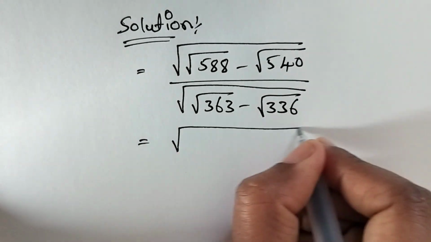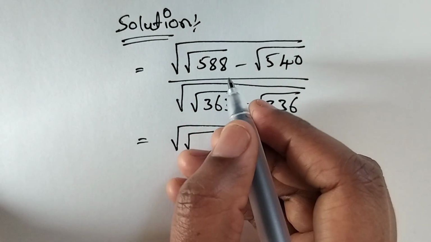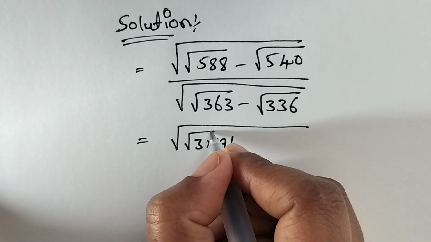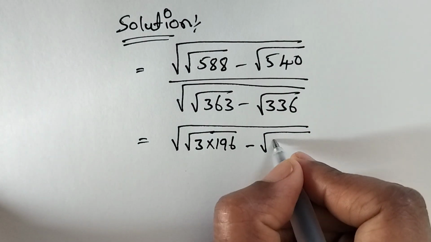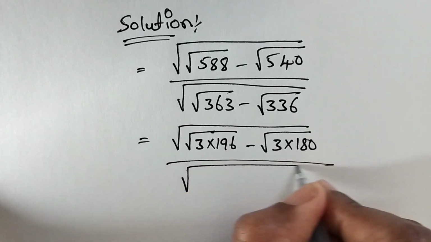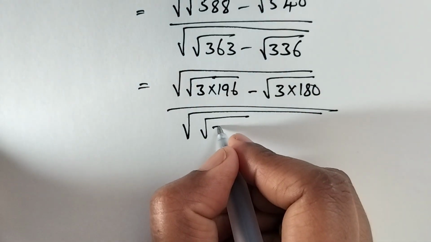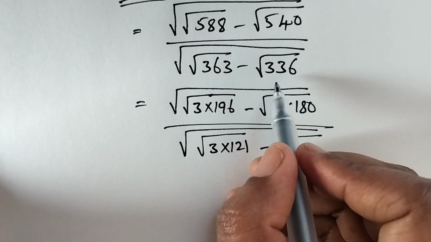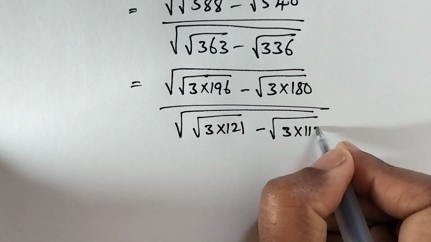Here we have 588, so we can write this as 3 times 196, minus 540, which we can write as 3 times 180, divided by the square root of 363, which we can write as 3 times 121, minus the square root of 336, which we can write as 3 times 112.